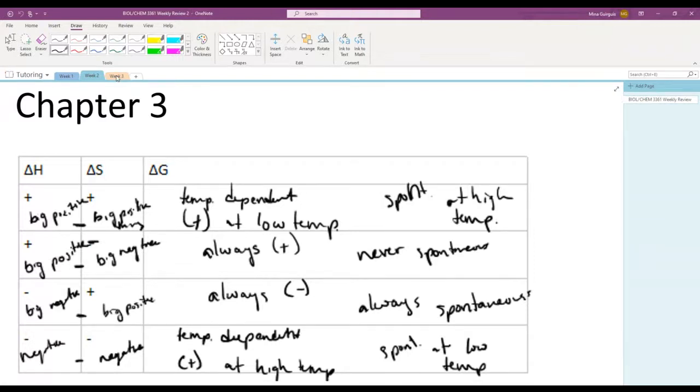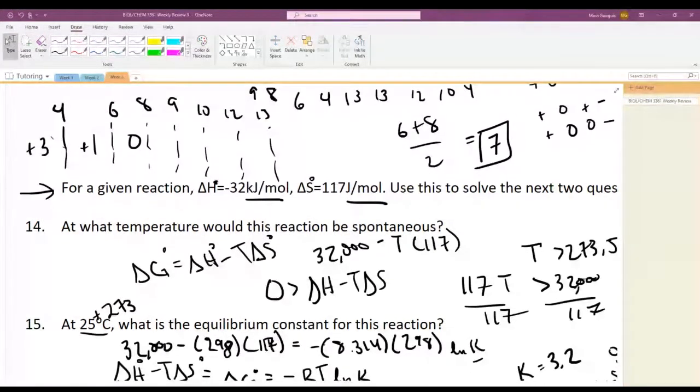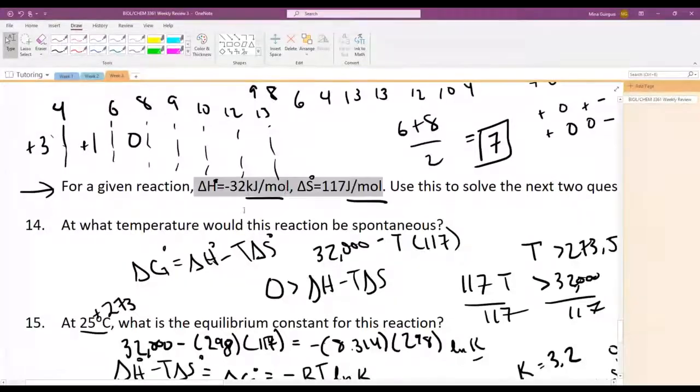Okay, so coming back to this problem, if I get rid of this positive, how will this reaction look? Will it be temperature dependent, always spontaneous, never spontaneous, spontaneous at high temperatures, low temperatures, whatever? What do you guys think? You guys cannot see that I highlighted that, can you?